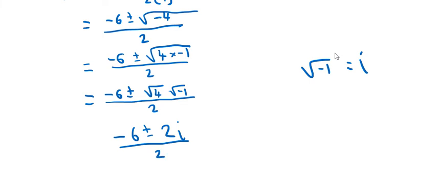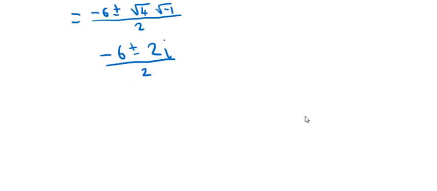And then I can divide this 2 into both parts. It doesn't matter that there's going to be plus and minus. So I can do minus 6 divided by 2 plus or minus 2i divided by 2. Minus 6 divided by 2 is minus 3. Plus or minus 2 divided by 2 is 1, so i. You could put in a 1 there if you wanted.